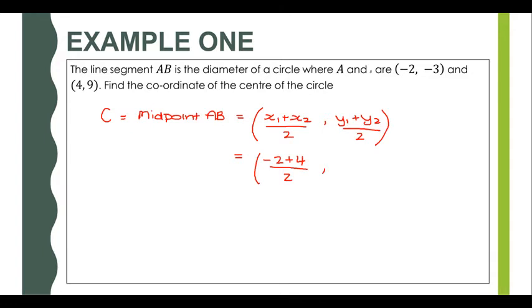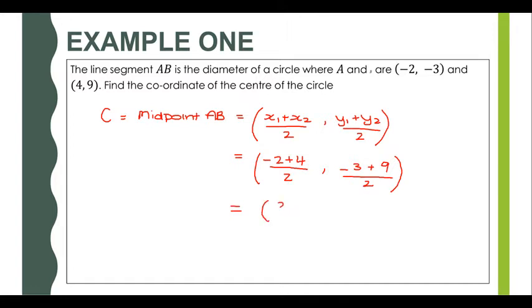And again, if we look at our first coordinate, y1 is -3 and y2 is 9, so -3 plus 9 over 2.